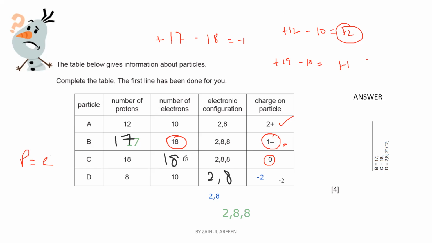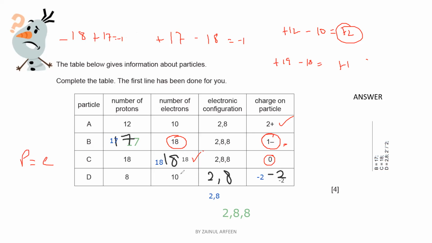That's why 18 is the right answer. That's not the rule, Abdullah Sarfraz. It can be number of electrons first. That does not make a difference to the final answer. Like if I write -18 and +17, that will also give the same answer.